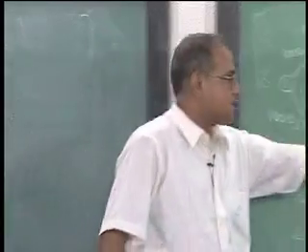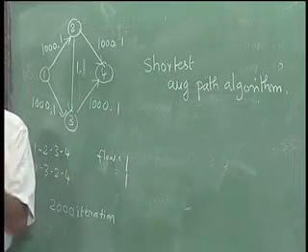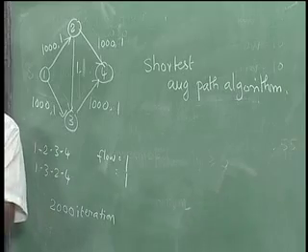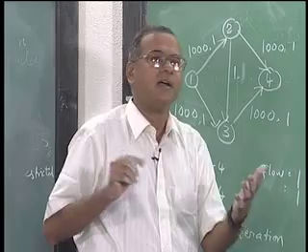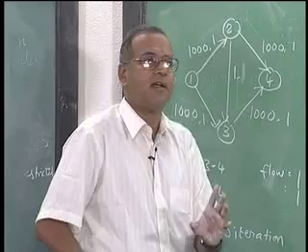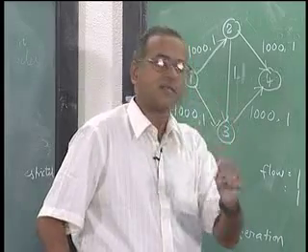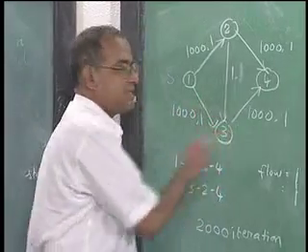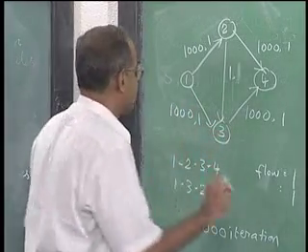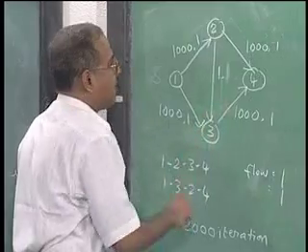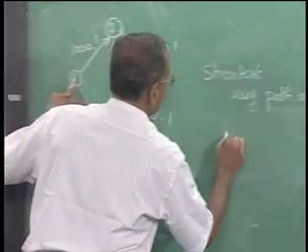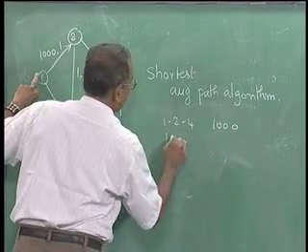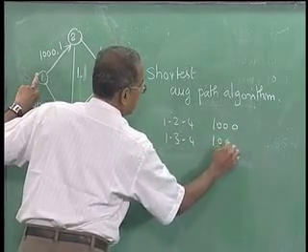So, the shortest augmenting path algorithm will first exhaust all the forward paths with increasing number of arcs, and only when absolutely required will evaluate paths that would require backward arcs. If we apply the shortest augmenting path algorithm, we straight away do 1, 2, 4 with flow equal to 1000, and we do 1, 3, 4 with flow equal to 1000.